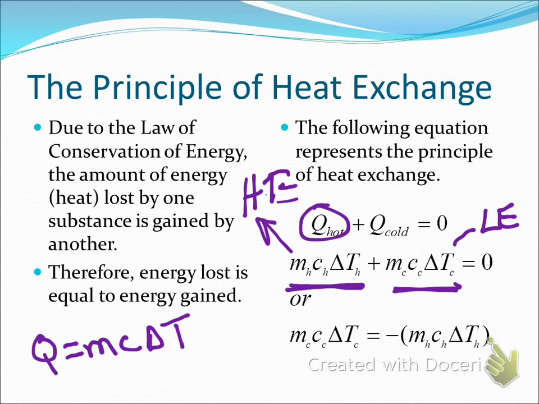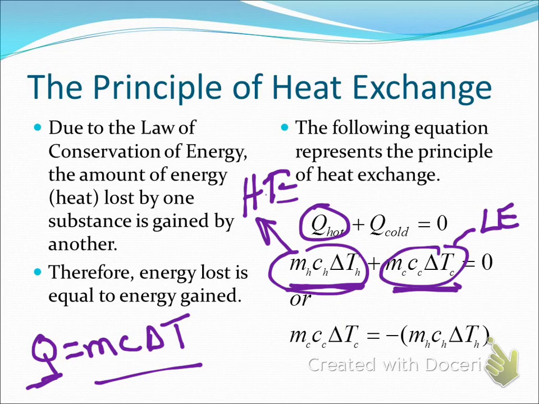And so then we know that Q equals mc delta T, and that's why we've written that below. So we know the equivalence of that. Again, we know that's equal to 0. Or we can just rearrange that, and we're going to swing the hot side to the other side of the equation. Because we're moving the whole thing as a unit, we need to make that negative.